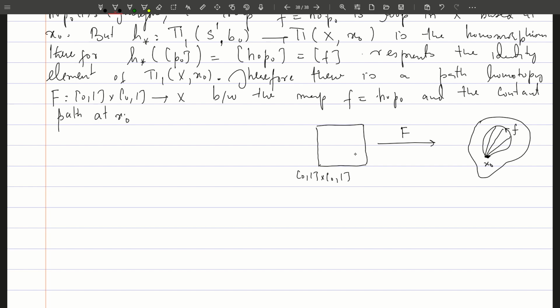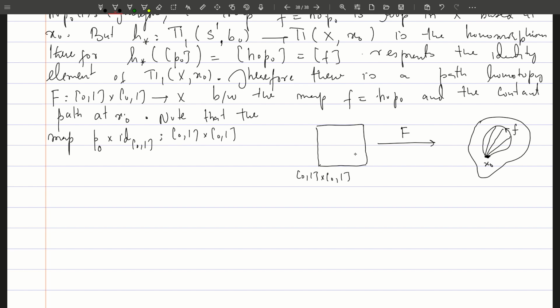So now note the map. If we look at the map p naught cross id on [0,1], this is a map from [0,1] cross [0,1].